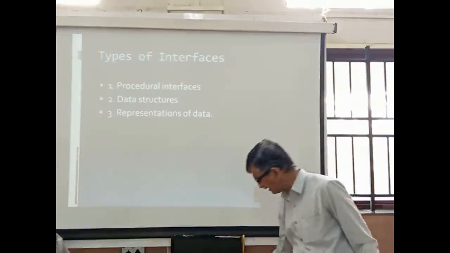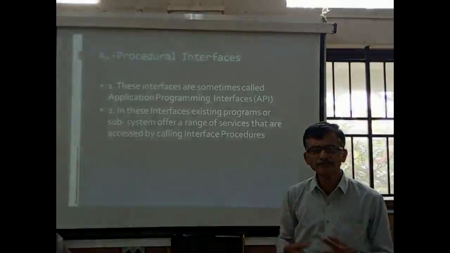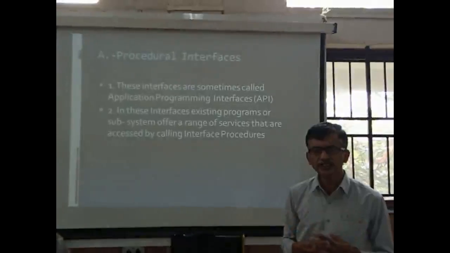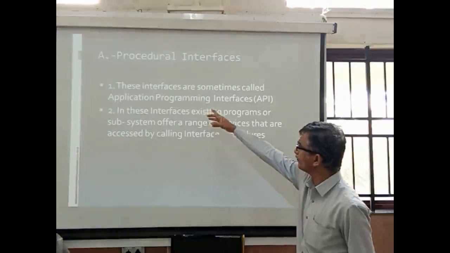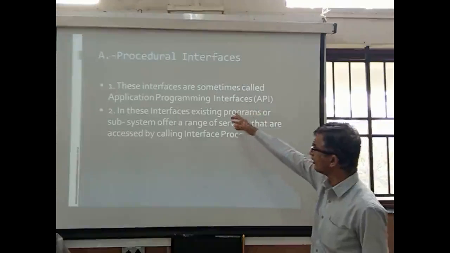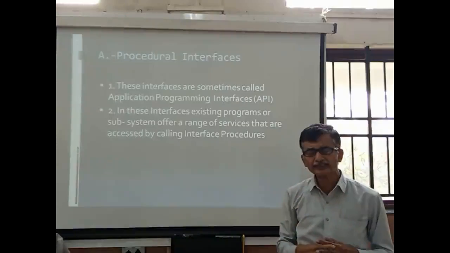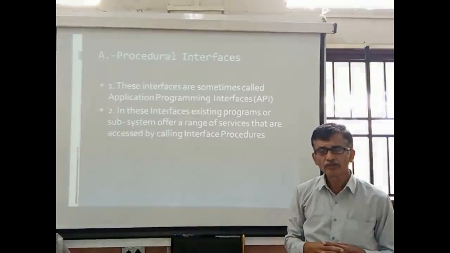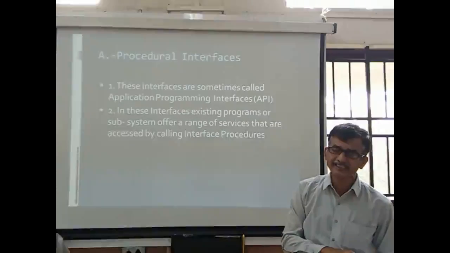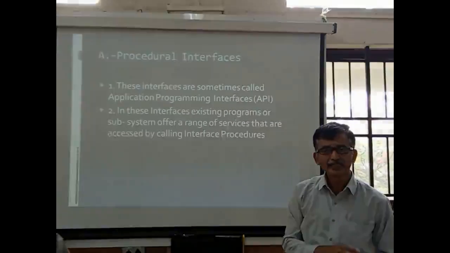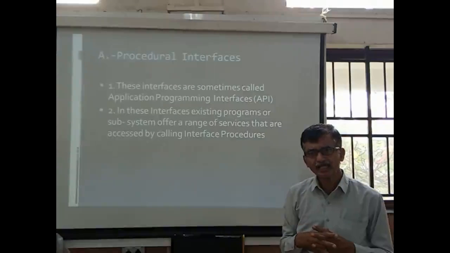First is the procedural interface. The name itself suggests that procedures have to be followed. These interfaces are sometimes called application program interfaces. What are the application programs you are developing, and what are the application programs that exist in the old system? These must be thought of together and their requirements should be understood.